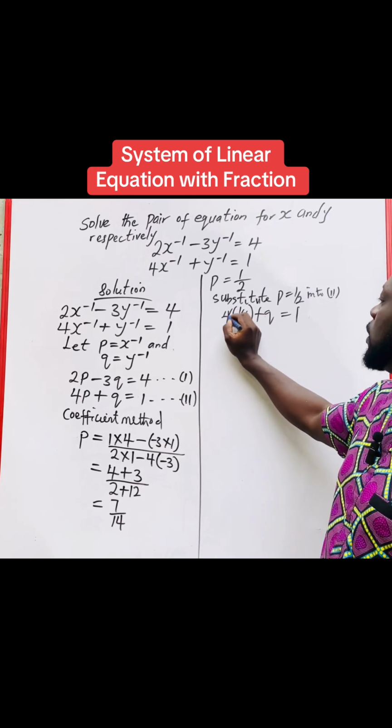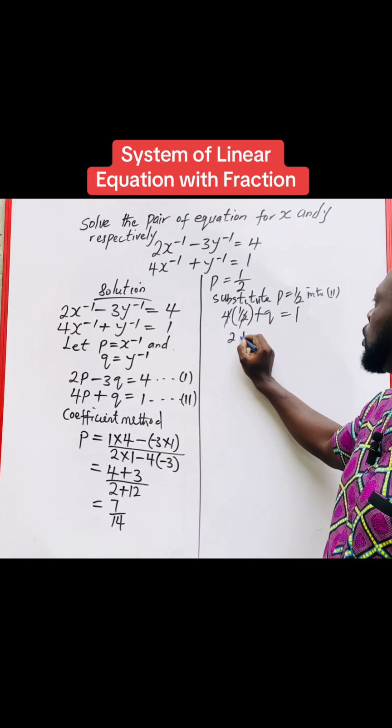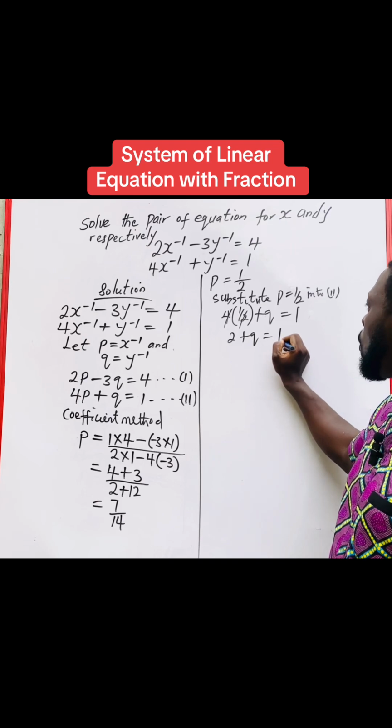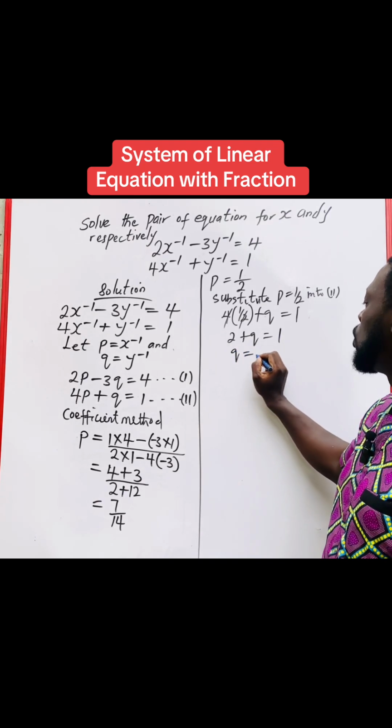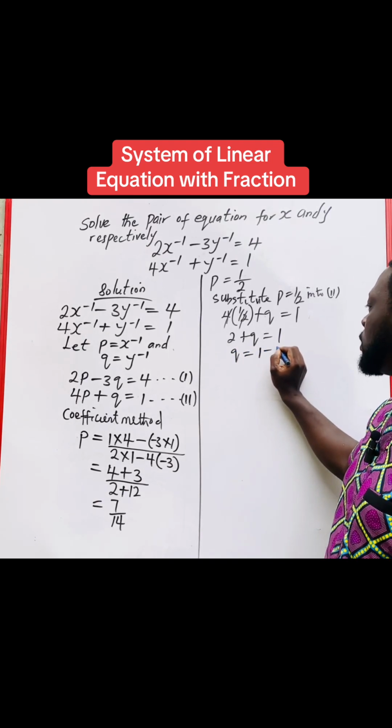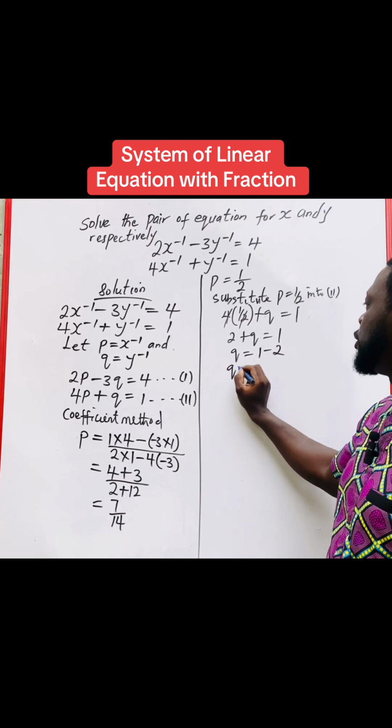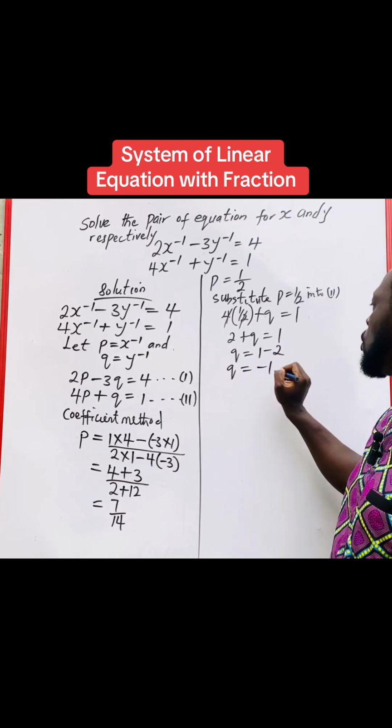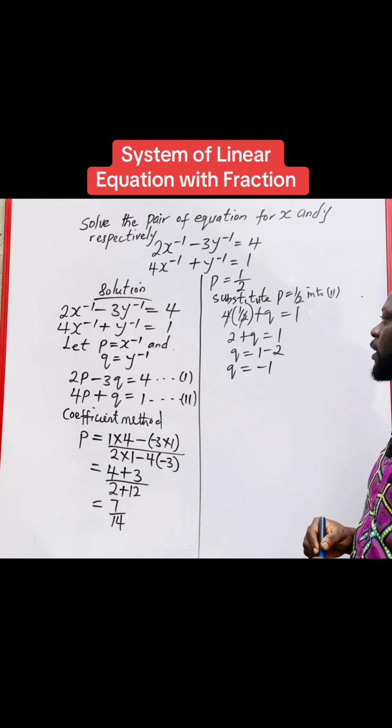So this goes with this. We have 2 plus q equal to 1. So q is equal to what? 1 minus 2. So we have that q is equal to minus 1. All right, so we've gotten the value of q and the value of p.